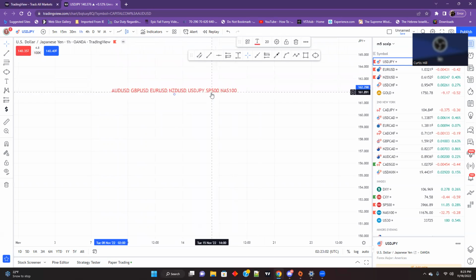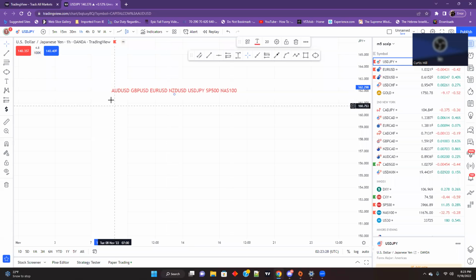SP 500 is a slower indice, but it's just like AUD USD. It respects the trend very well. NAS is a little bit faster than SP 500 and is very volatile. It's the tech companies. So I trade that very well and it respects Wyckoff and supply and demand very well.